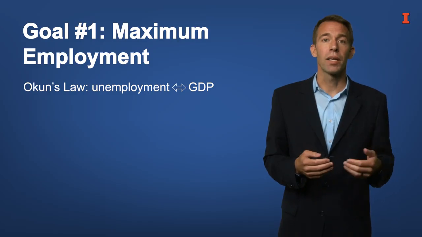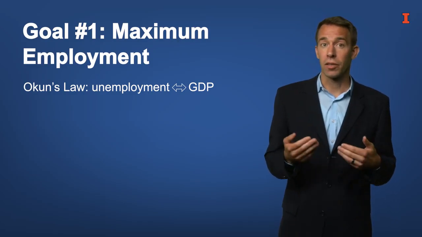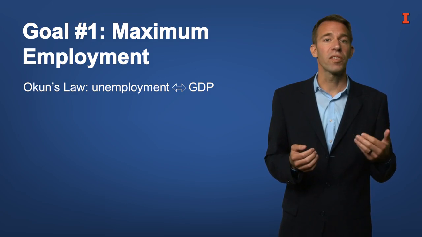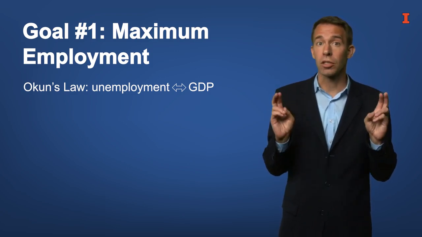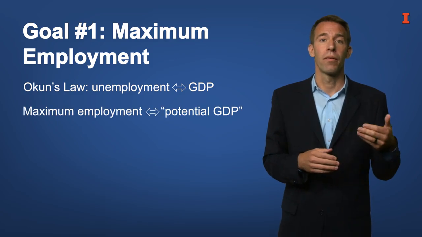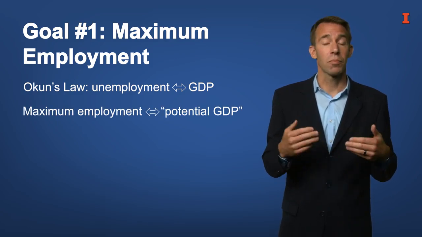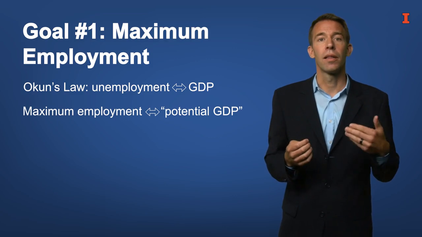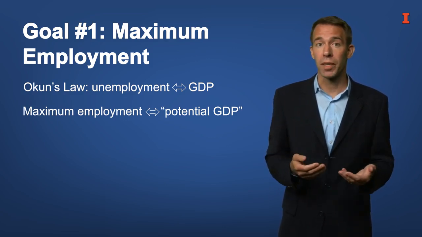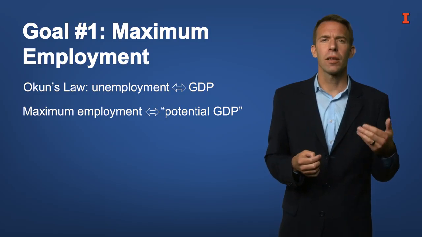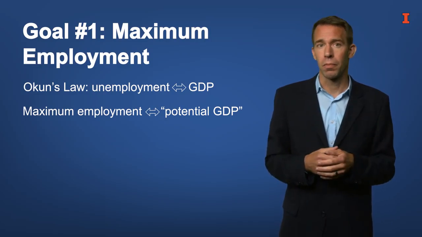When an economy is fully utilizing its resources, we say that the economy is producing its potential GDP. When the economy is at potential GDP, this implies full or maximum employment. This is just about the best we can hope for.